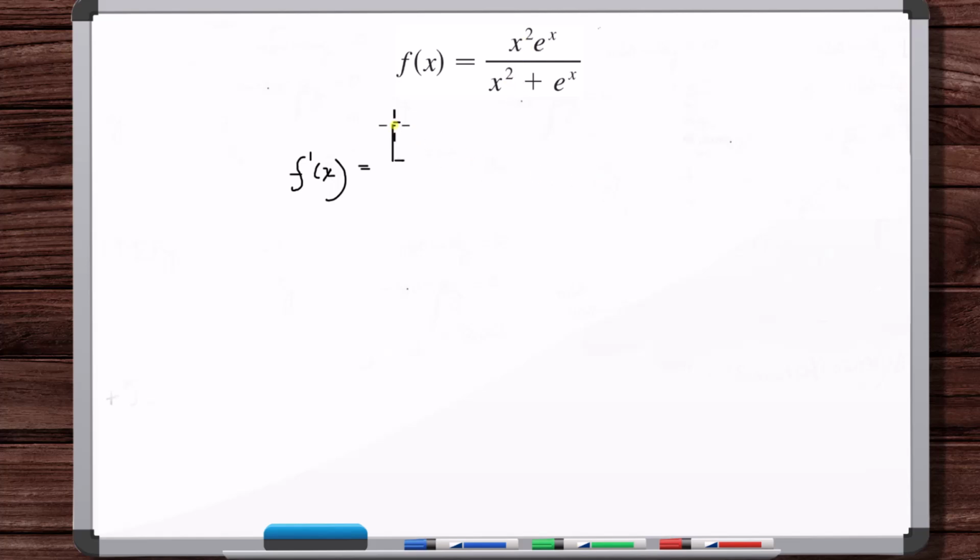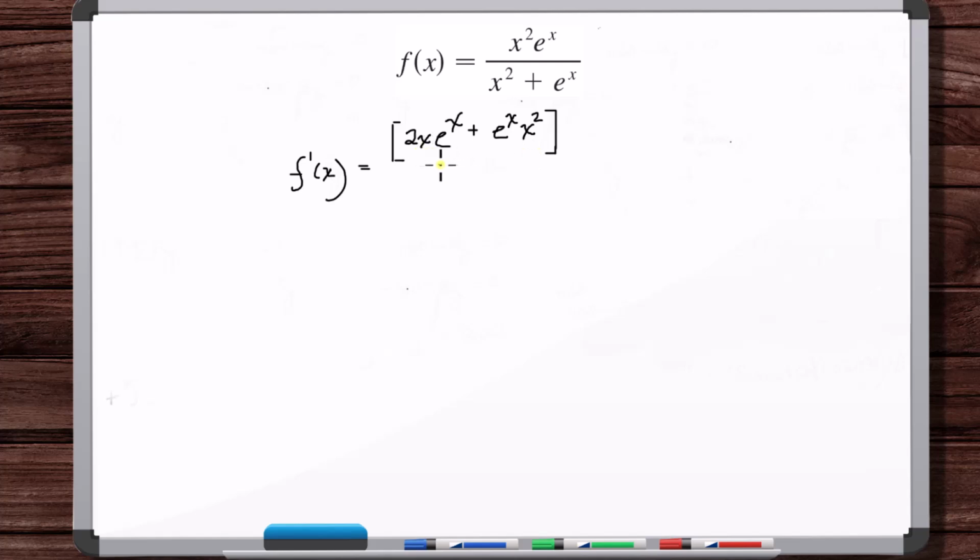So we're going to put a big bracket, and now we have a whole separate problem here. So product rule, derivative of the first, 2x, times the second, plus the derivative of the second, times the first. Okay, that's the derivative of the top.